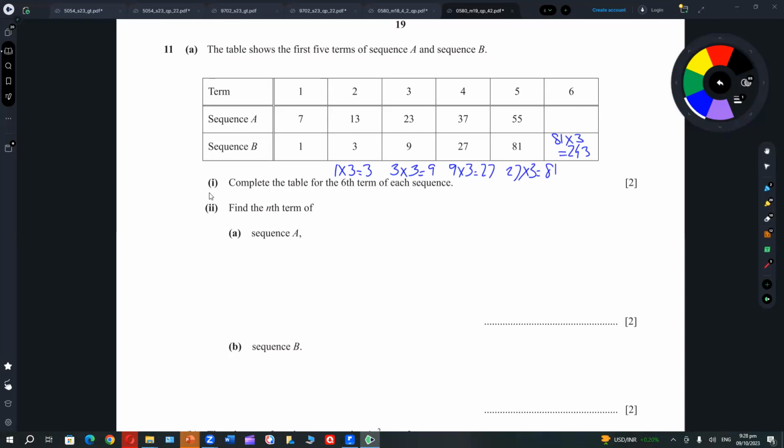But what about A? Similar thinking needed here. I think it could be multiply by 2, then minus 1. No, not yet.